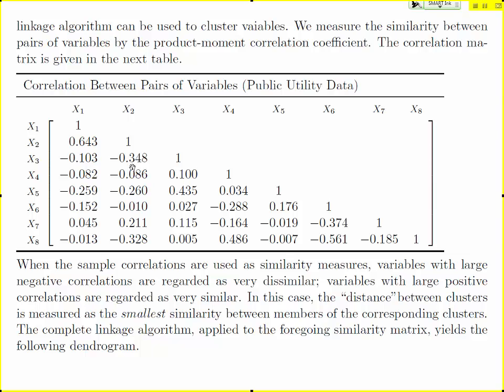So what we can do with these numbers in order to really use them as a distance is, say, subtract them from 1. Suppose we subtracted that correlation matrix from 1.